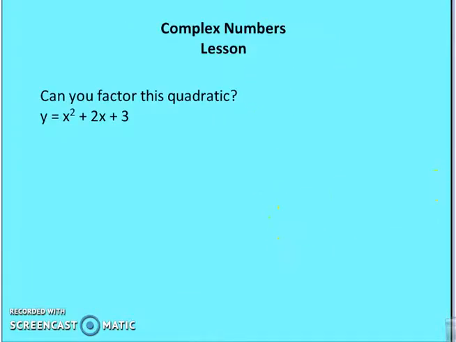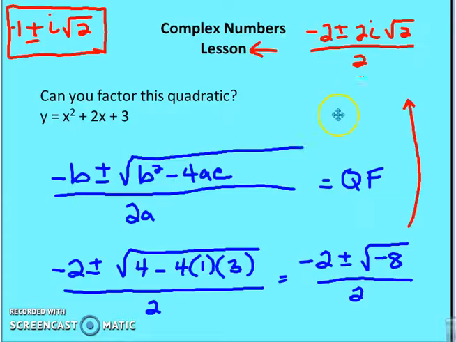Can you factor this quadratic? I'm going to pause for a moment. All right, so you're going to need to use the quadratic formula in order to factor. You could say it's not factorable with an integer value in the quadratic factor, but you can use the quadratic formula to solve the quadratic equation, then use that value as the intercept to write a quadratic factor.